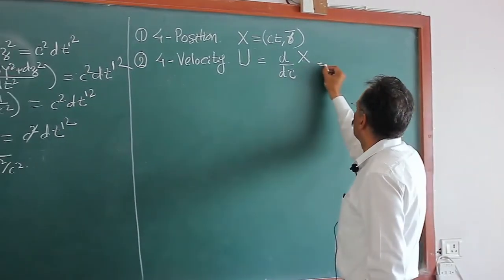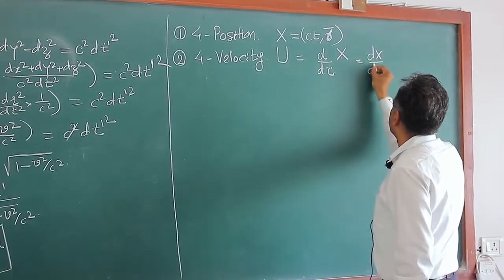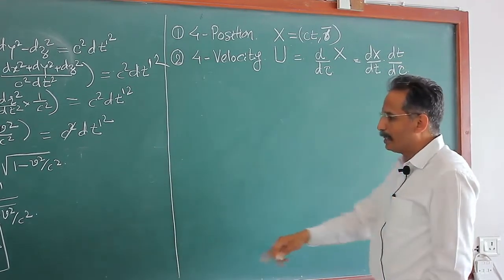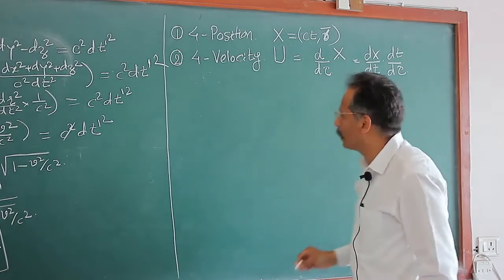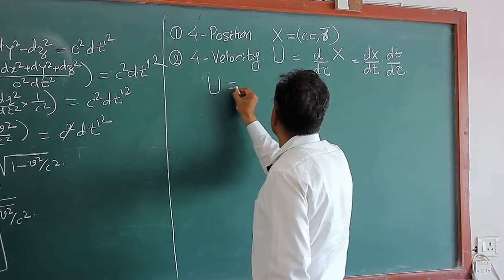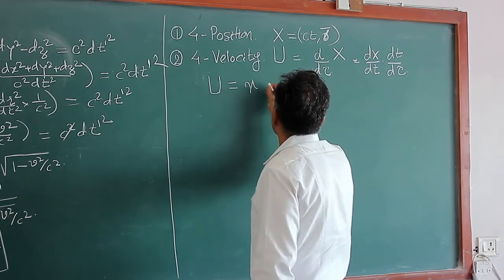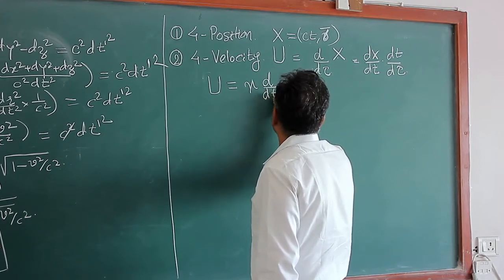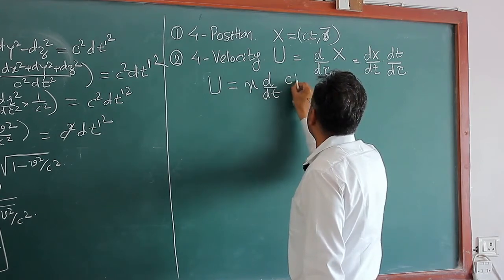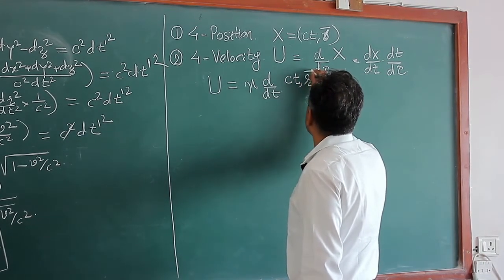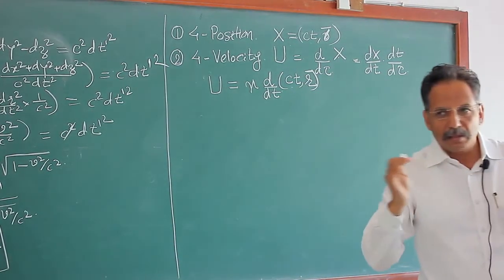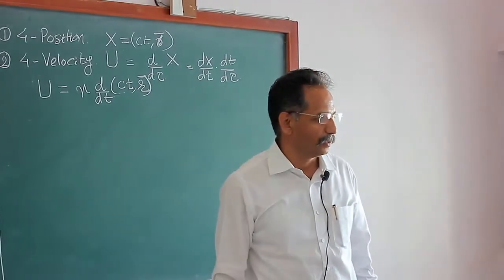Now I can use the chain rule, d by dt into dt by d tau. So dt by d tau is gamma. So U, that is the 4-velocity, is equal to gamma times d by dt of this event X. So this event X is ct comma r bar. Now the vector I am writing as components in the parenthesis.